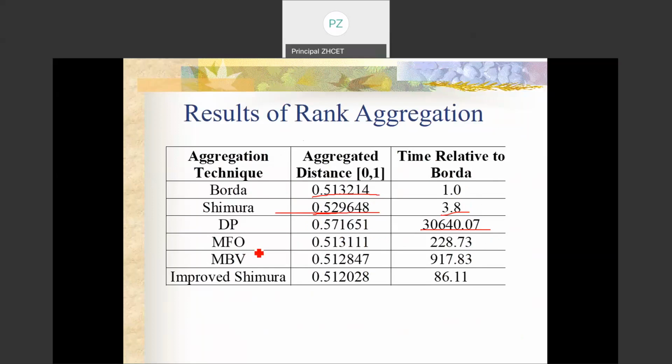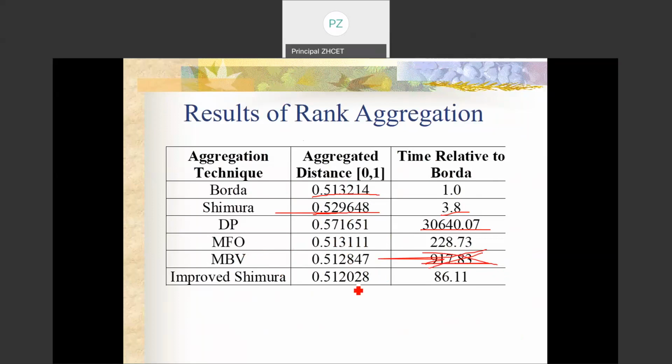Now, when we came to MFO, it is here that the result has started improving, although in the third place of decimal, but it improved as compared to Borda, Shimura, and DP, and it took less time also. MBV time shouldn't be less because this is faster than MFO, and its result further improves in the third place of decimal compared to MFO.